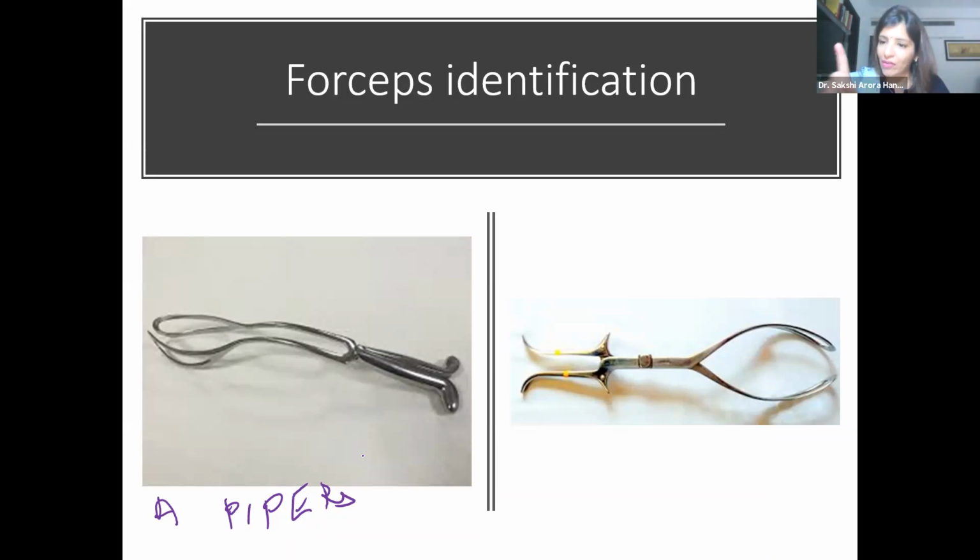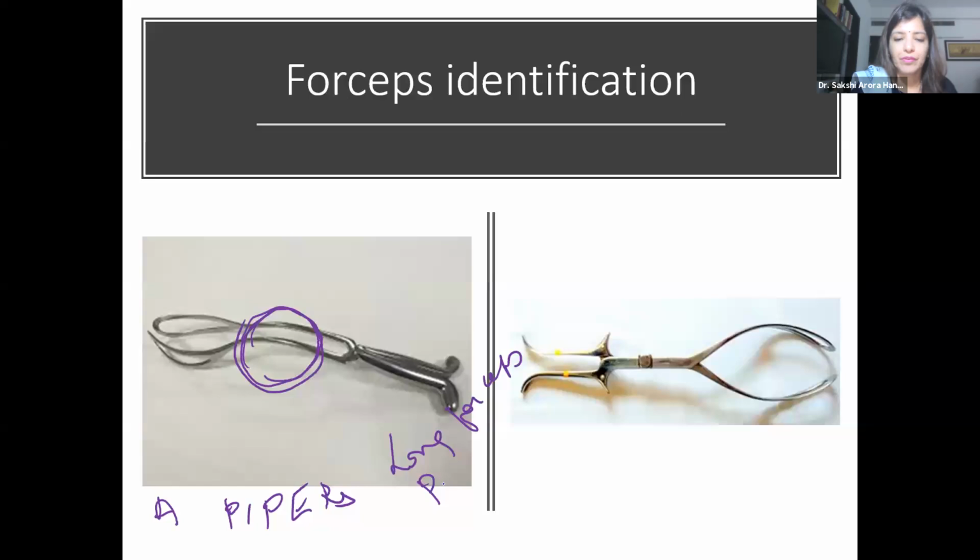There is only one forceps in which you get another curve like this. This bend which you are seeing is seen only in Piper's forceps. So if you see a forceps image where you are getting a bend like this, that means it's a Piper's forceps. A Piper's forceps is a long forceps, and it has a perineal curve.